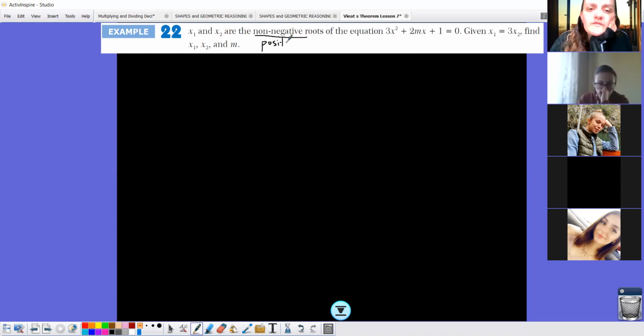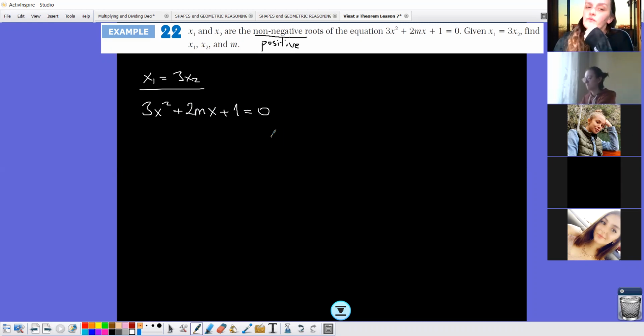Non-negative means positive. So what do you think? How will we start to solve this question? It's given that x1 is equal to 3x2. This is given. And our equation is 3x squared plus 2mx plus 1 is equal to 0. Now from here, if I write Vieta's theorem, sum of the roots, x1 plus x2, what will be?